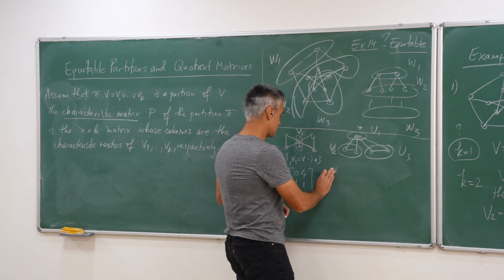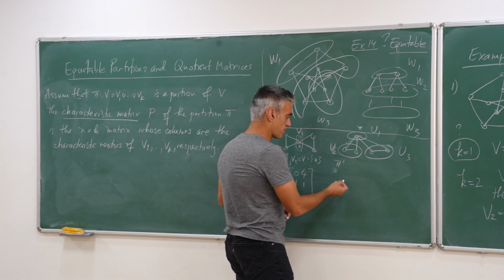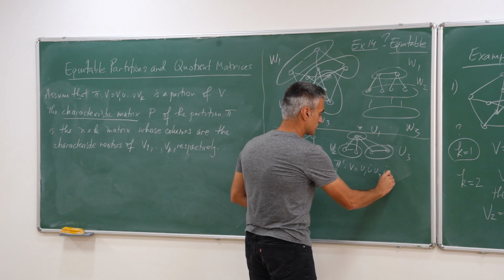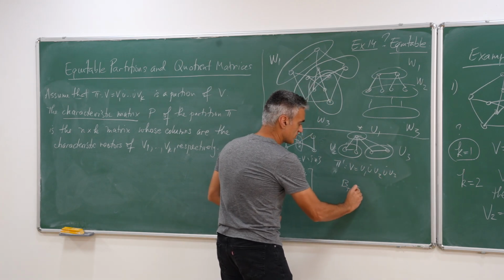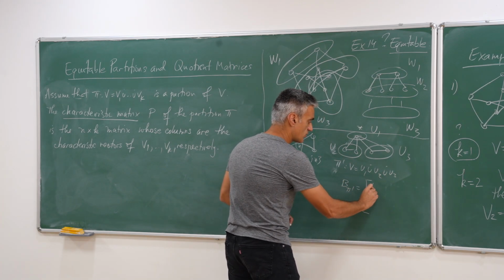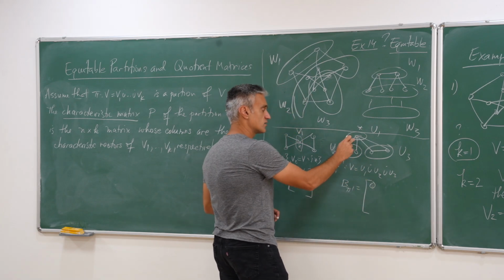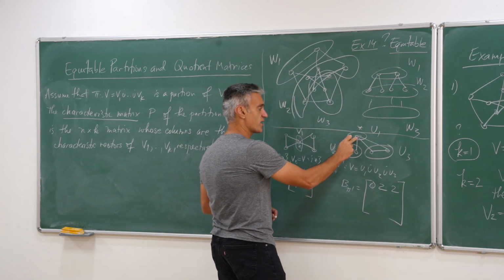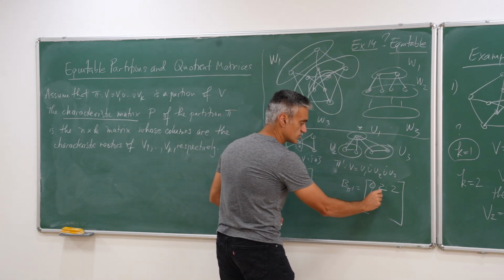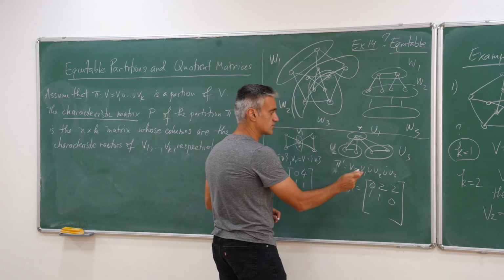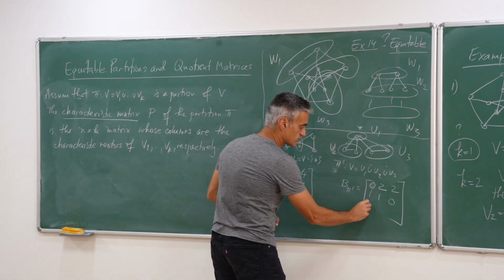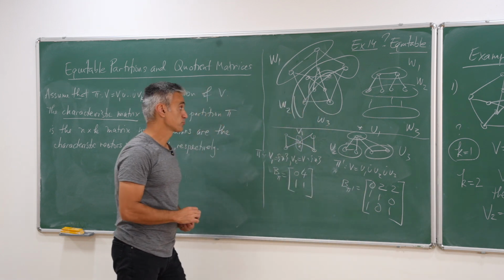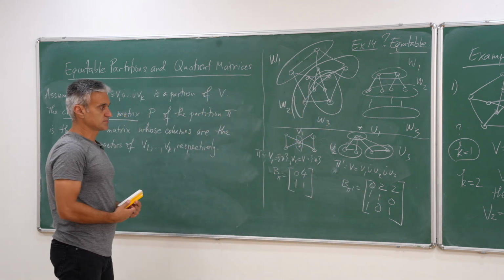So let's say this is pi prime, V equals u1 union u2 union u3, and the quotient matrix B of pi prime equals 0. Now from here to here you get 2, from here to here you get 2. From u2 back, you get 1. Inside u2, you have 1. And here you have 0. u3 to u1, you have a 1. u3 here, 0, and you have a 1. Make sense? Okay, so these are the quotient matrices.